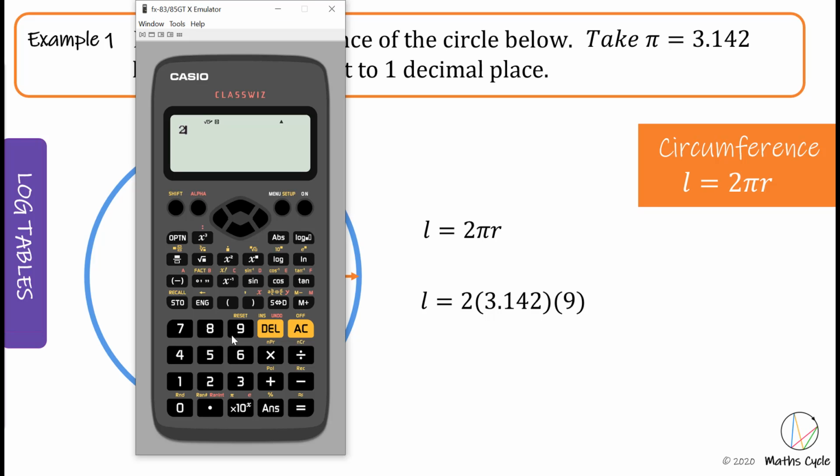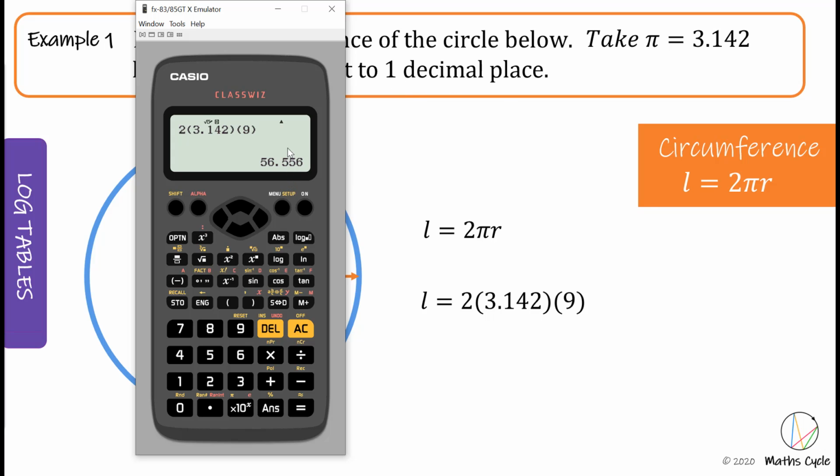So I have 2 multiplied by, bracket 3.142 end bracket, multiplied by bracket 9 end bracket, equals, and I have my answer here as a top-heavy fraction, so press SD to change it into a decimal, and I have 56.556. If we check our question, we can see how we are to leave our answer, and we are to leave our answer correct to 1 decimal place.